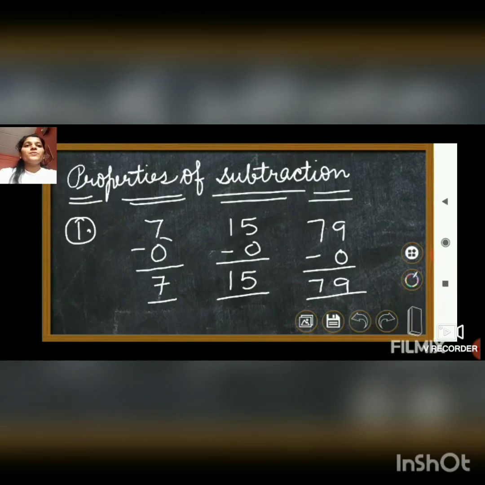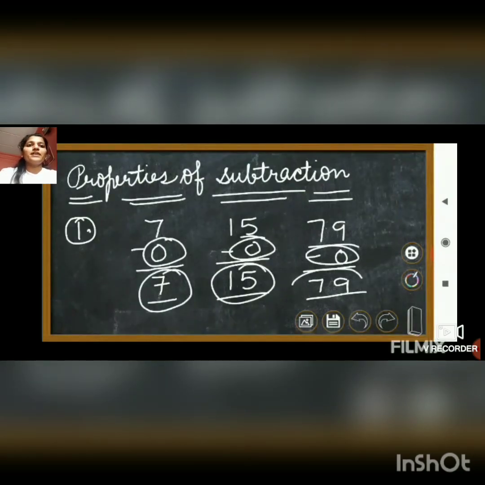In all three examples we have subtracted 0 from each number and we got the same number as the answer. So this is the first property: when we subtract 0 from any number, we get the same number itself as the answer.